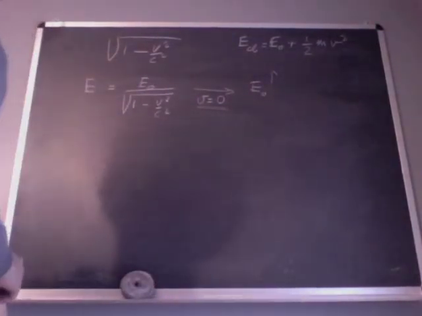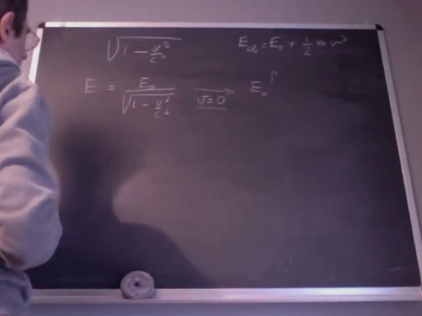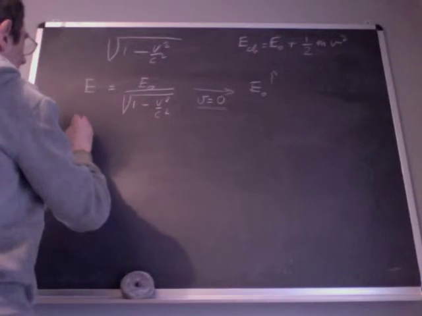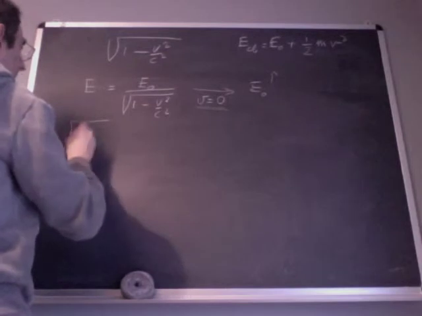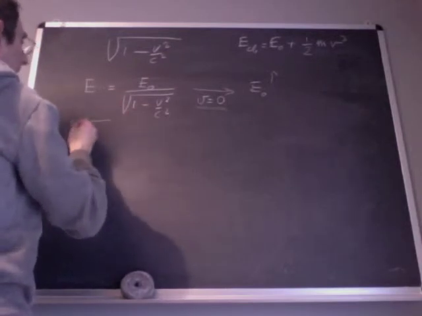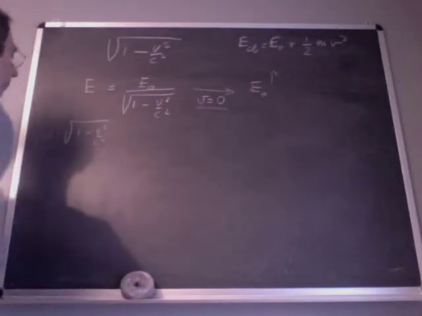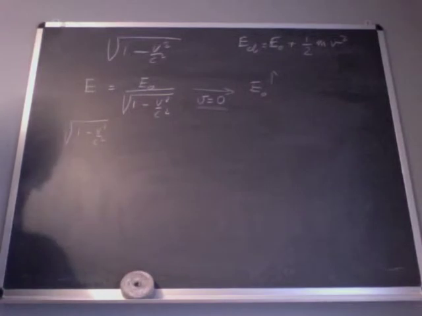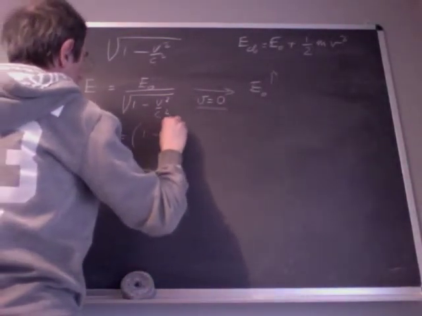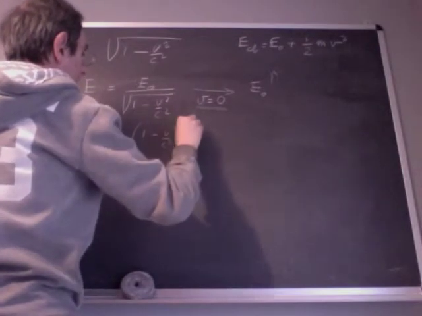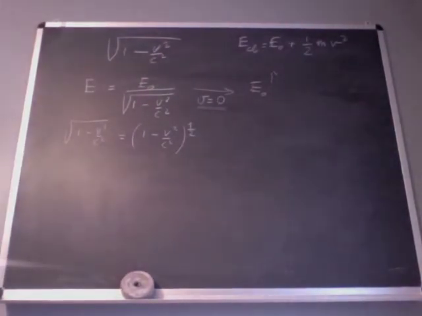First of all, we have to remember that the square root of a certain number, in this case the square root of 1 minus v squared over c squared, is equal to 1 minus v squared over c squared elevated to 1/2.